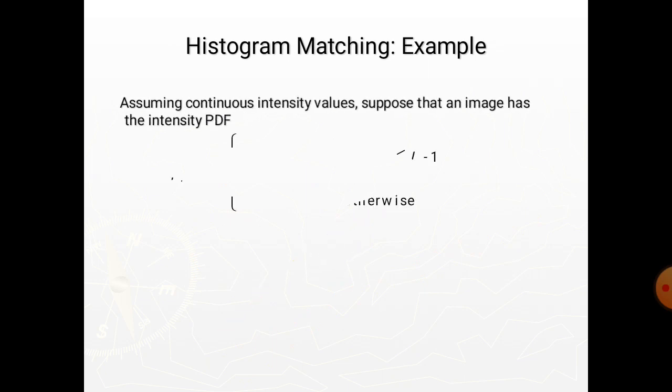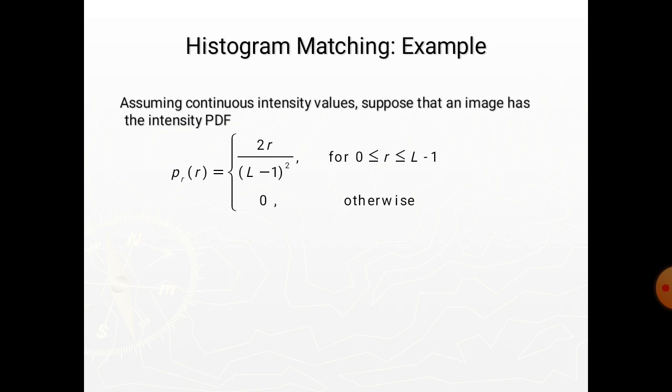Here is another histogram matching example. Assuming continuous intensity values, suppose that an image has the intensity PDF p_r(r) = 2r / (L-1)^2 for 0 <= r <= L-1, and p_r(r) = 0 for other values of r.